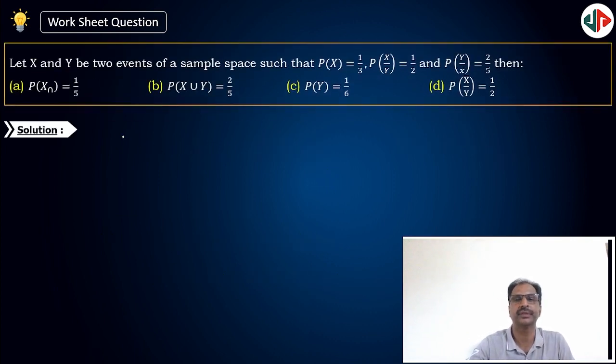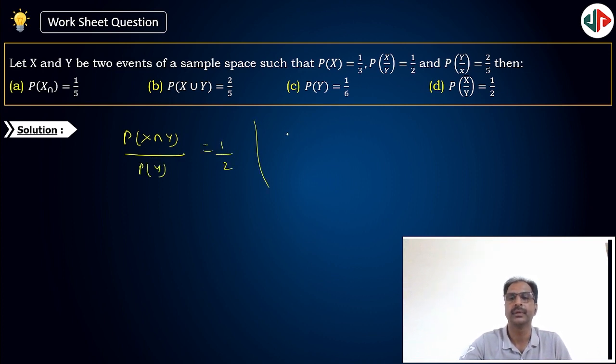X and Y are two events of a sample space such that P of X given Y is P of X intersection Y by P of Y. This is 1 by 2. P of Y given X is also P of X intersection Y by P of X. That is 2 by 5.